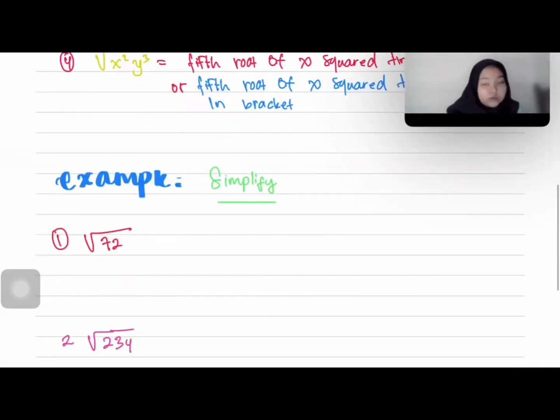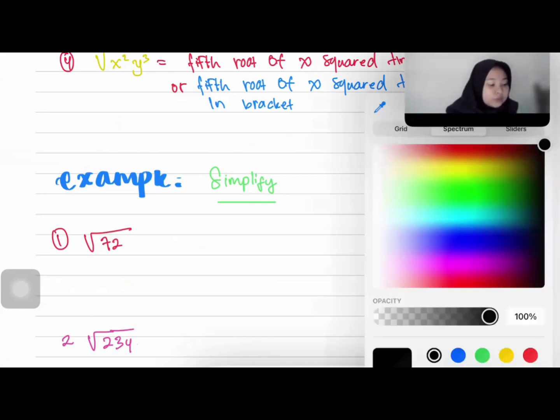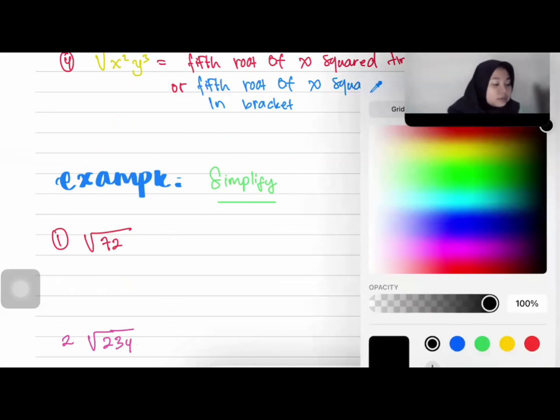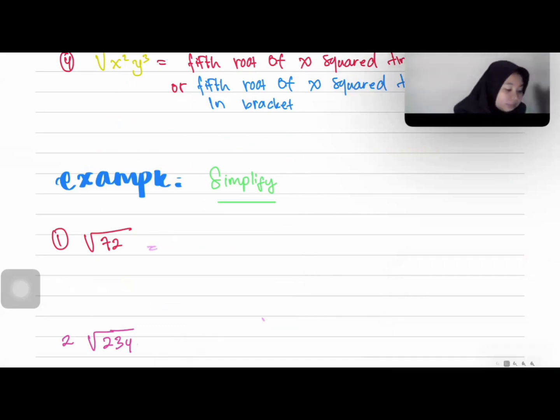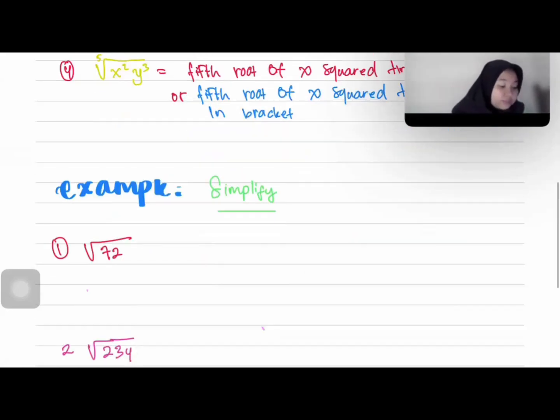Okay, for the next example, simplify this radical. For example, there is the root of 72, so we can rewrite it again.